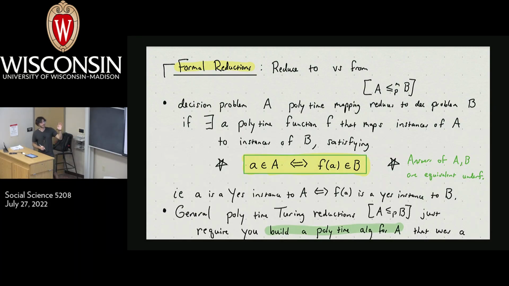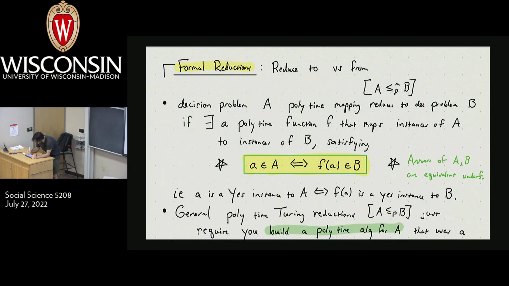You just take your transformation f, you throw a into the transformation, then you solve the problem given a B algorithm. So an algorithm for problem B, you just plug f of a into, and whatever it outputs is your output.